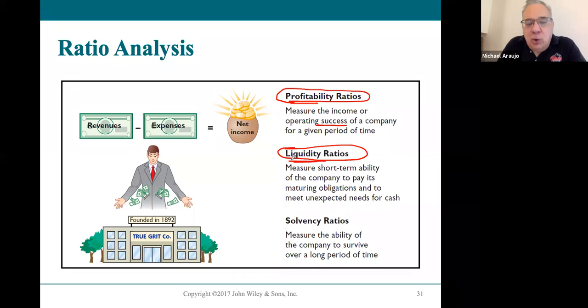And so liquidity ratios help us understand if a company is able to pay its obligations right now and whether it actually can get cash if it has things coming up.